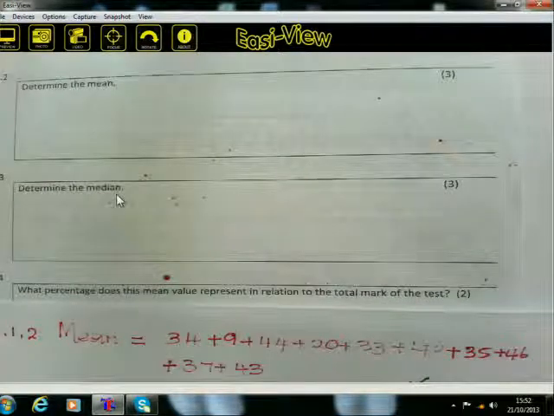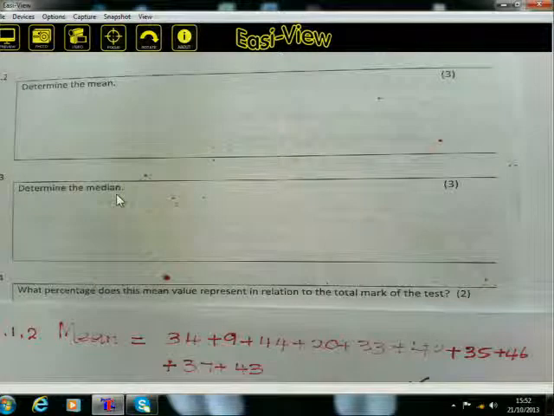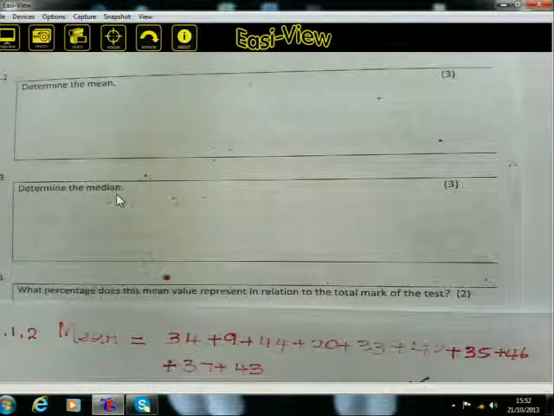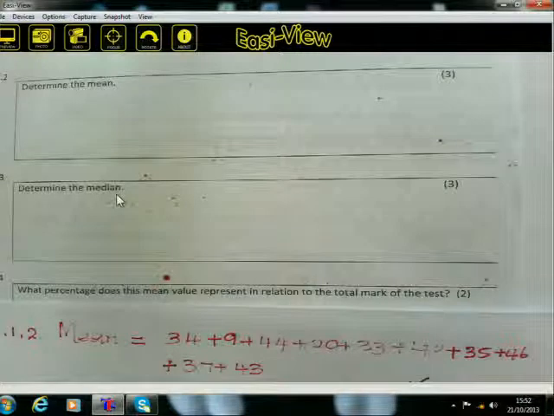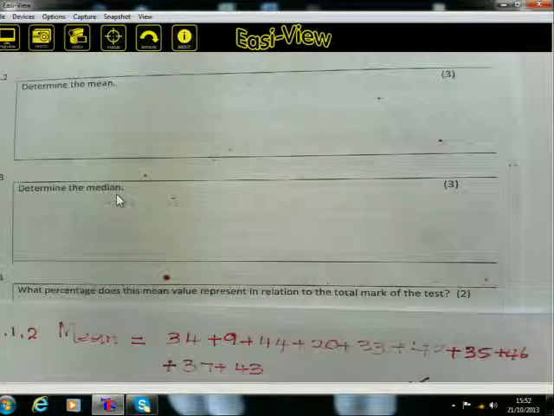What percentage does this mean value represent in relation to the total mark of the test? So you should understand this question very carefully.